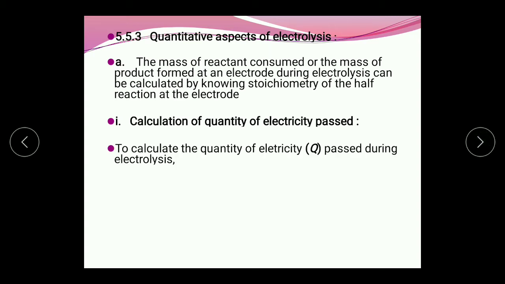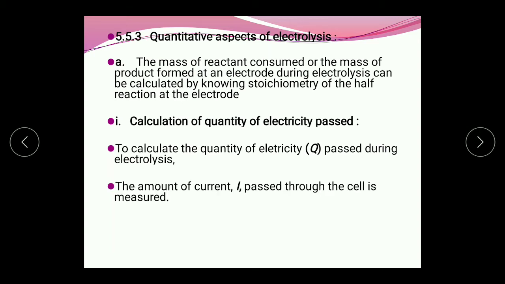The quantity of electricity is denoted by Q and measured in coulombs. For the quantity of electricity Q passed during electrolysis, the amount of current I passed through the cell is measured. The second factor we require is the time t for which the current is passed.